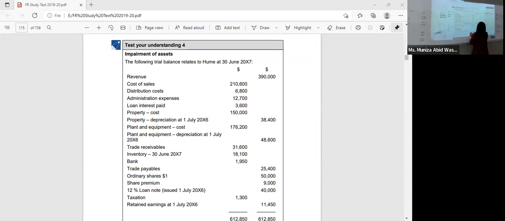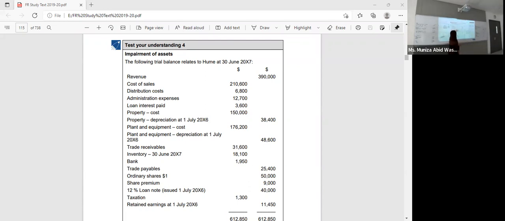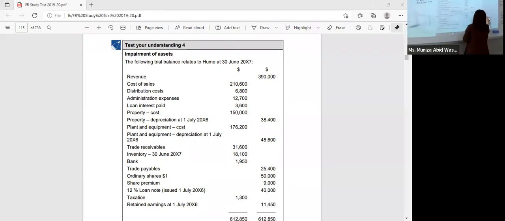But interest paid has been 3,600 only. We have paid only 3,600. It means that the remaining, how much? 1,200. 1,200 is accrued interest.